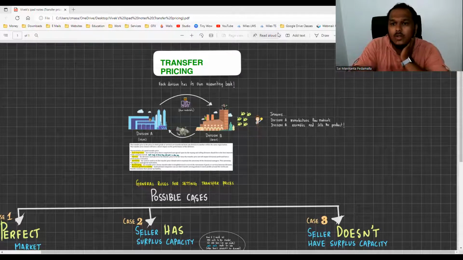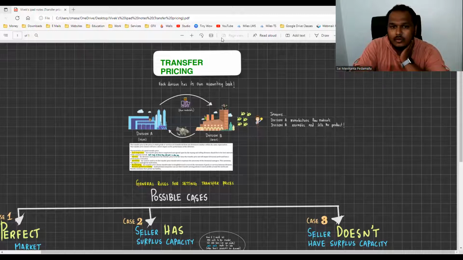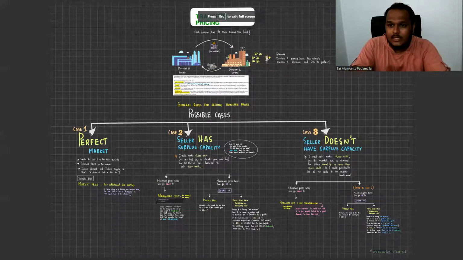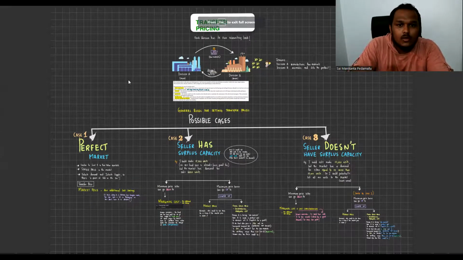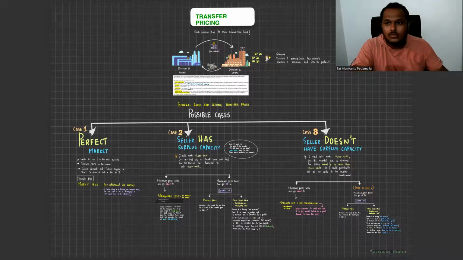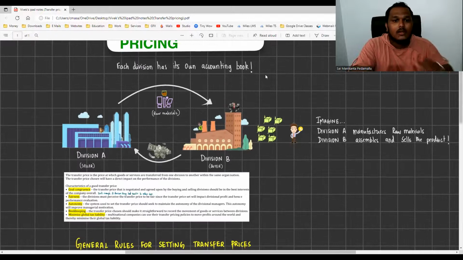Yes, nice. Okay. I'm trying to find out where the full screen button is. Ah, here it is. So I believe you guys can see the full screen version of it. So transfer pricing, if you see here, why can't I zoom this? Full screen, there is no zoom. Sure. Okay. This is better. Chalo.